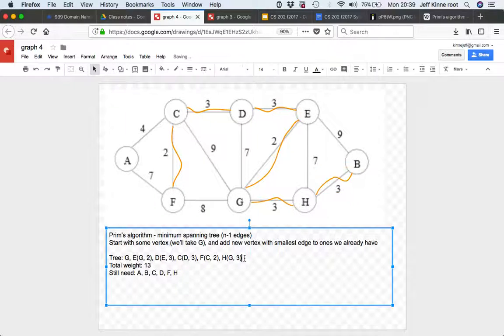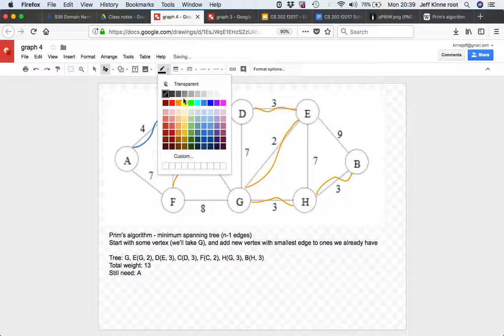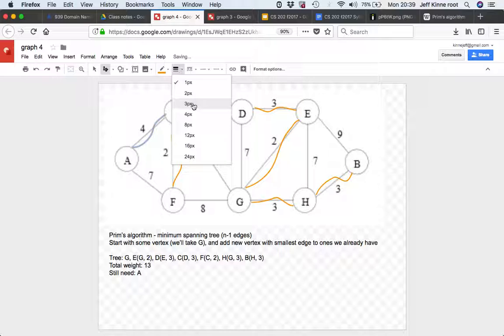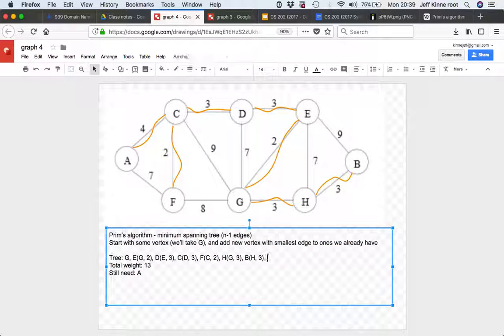Now we have B, which we got to from H, and if we were keeping track of what we still need here, all we have left is A, and 4 is better than 7, so we would add that vertex in. So we have A from C with a weight of 4.